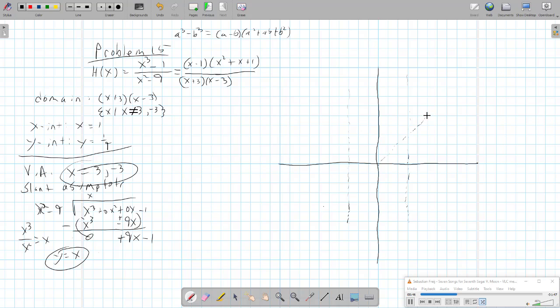So I think I'll go ahead and plot it. Just have to diagonally bisect each one of these little cute squares. Now we need to talk about our intercepts. There's no empty points, so just intercepts. X-intercept here at 1. Y-intercept at 1/9, so just slightly above the asymptote.